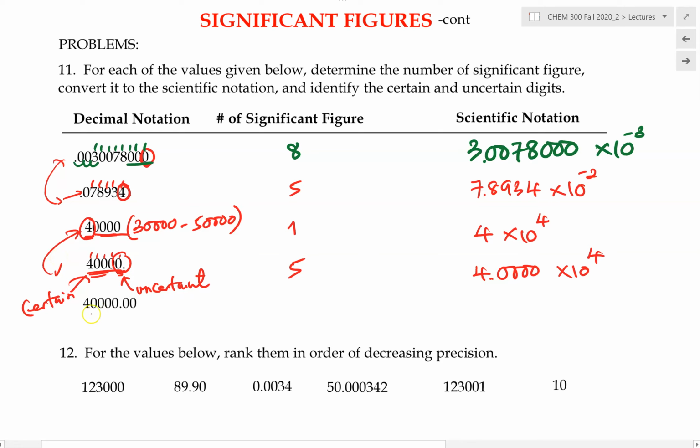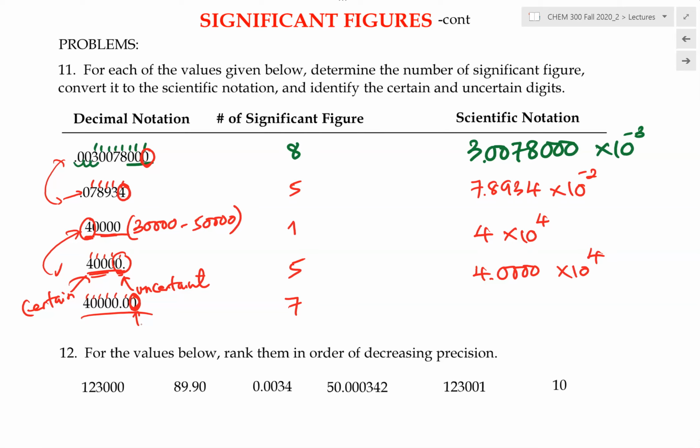And now 40,000.00. In this case, all of these 0s are significant. So we have 1, 2, 3, 4, 5, 6, 7, 7 significant figures. And now the uncertainty exists in this last digit, 0. So basically, the uncertainty exists on the 100th or the second decimal place.